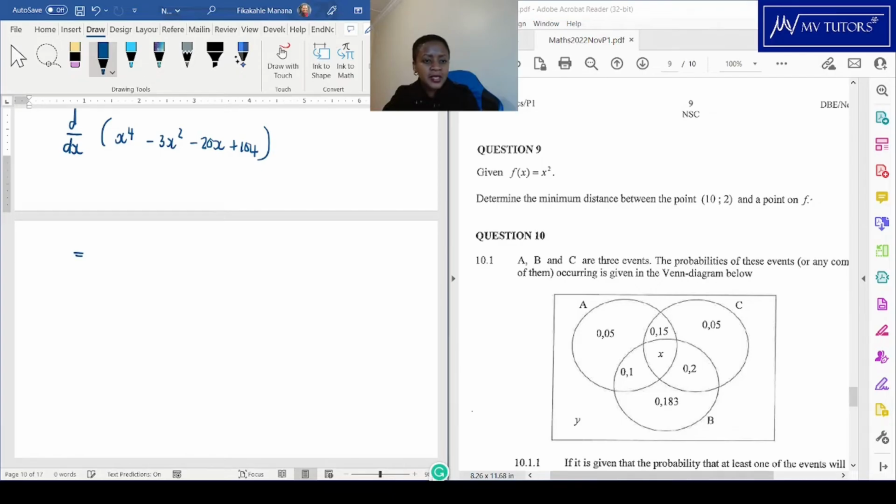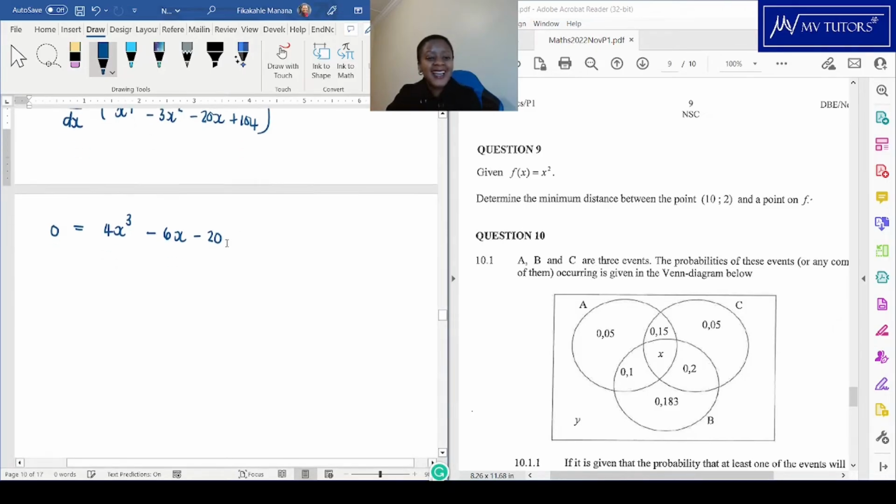Okay, if I start with x to the power 4, I bring down the 4 and I subtract 1 from the exponent. So I have 4x cubed, and then I have minus 6x, and I have minus 20. Okay, and that is all equal to 0 if I want to get the minimum. Okay, or maximum, but they asked for the minimum. So now I need to solve for x.